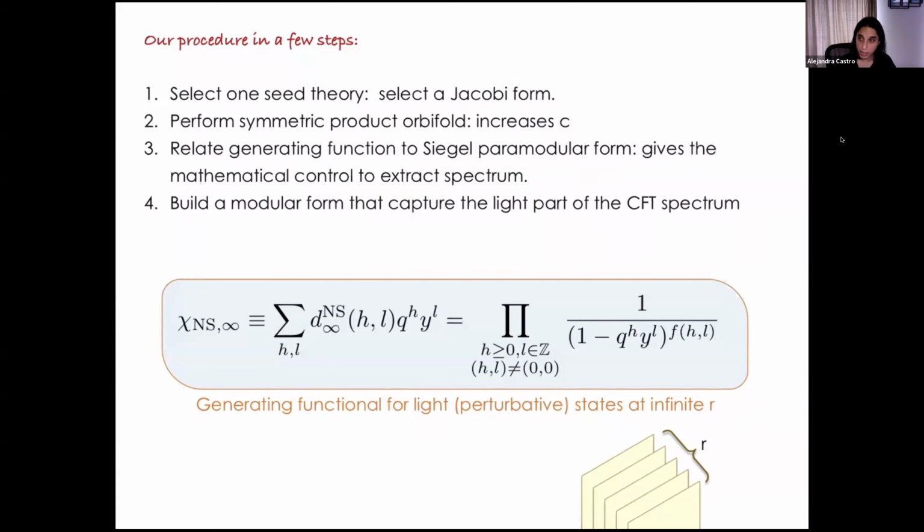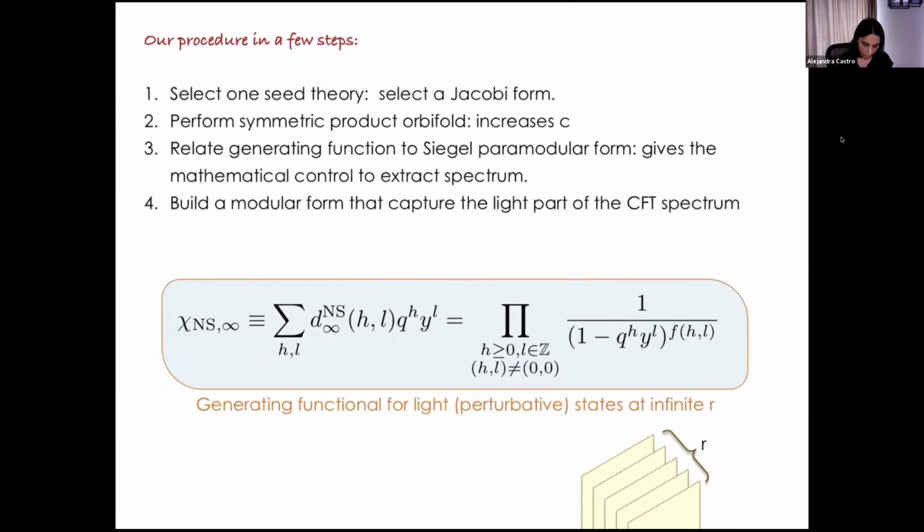And then the final results. In the latest papers, we don't describe only the large N limit or the large C limit of the spectrum. We can also tell you things about the spectrum at finite values of N. But what you will be eager to know today is what happens at large N, and this is the final answer that we give you.